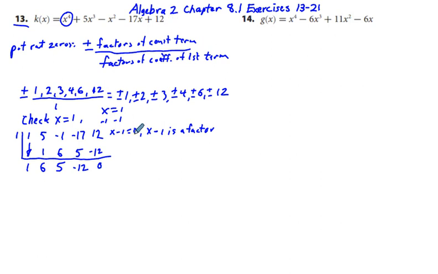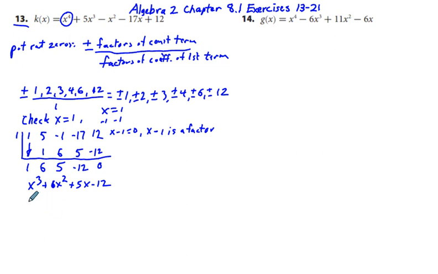Next, we have x cubed plus 6x squared plus 5x minus 12. That's what we have left after our division by x minus 1, effectively.